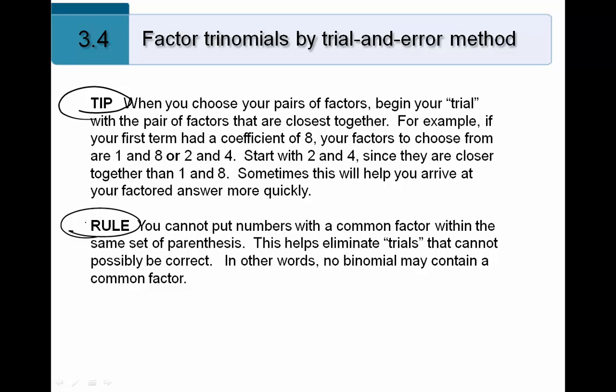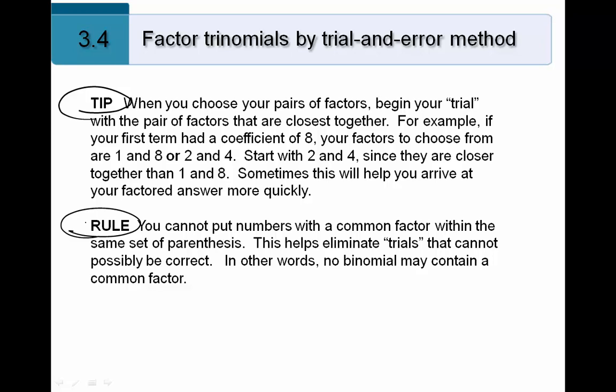So for example, if the first term in our polynomial has a coefficient of 8, we know that our factors of 8 are 1 and 8 and 2 and 4. Since 2 and 4 are closer together than 1 and 8, we're going to start with 2 and 4 because they're closer together. And sometimes this will help us arrive at our factored answer more quickly.